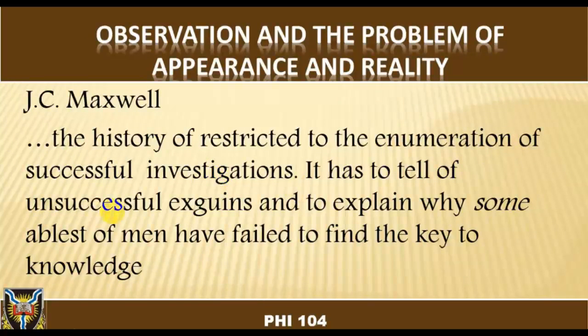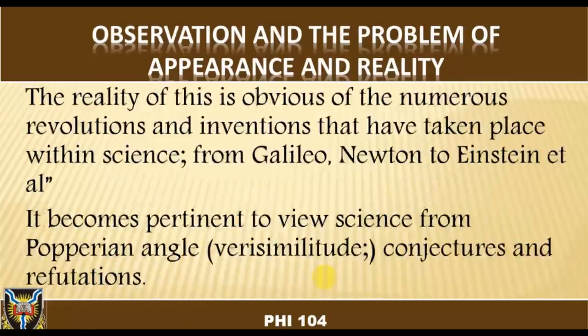It has to tell of unsuccessful experiments and to explain why some ablest of men have failed to find the key to knowledge. The reality of this is obvious in the numerous revolutions and inventions that have taken place within science, from Galileo, Newton to Einstein et al. This, no doubt, is evidence of some inconsistencies found in scientific law and theory.